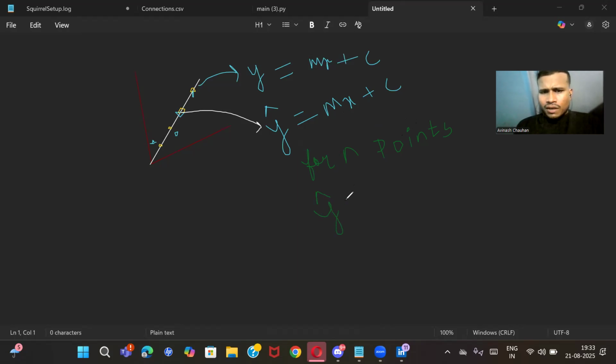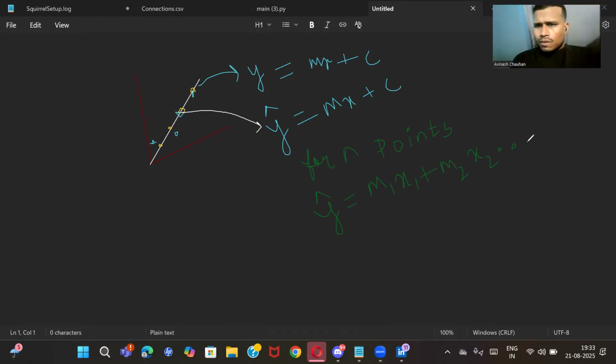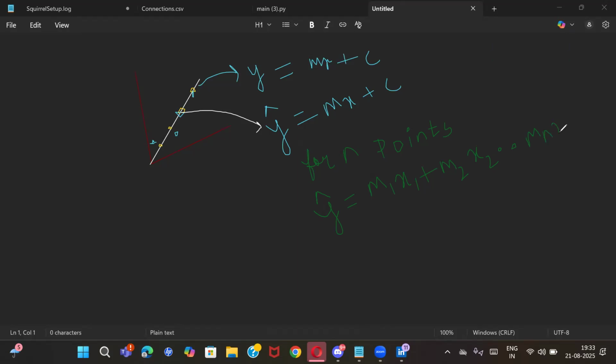It will be y hat is equal to m1 x1 plus m2 x2, and so on till mn xn, and at the end you can write plus c.